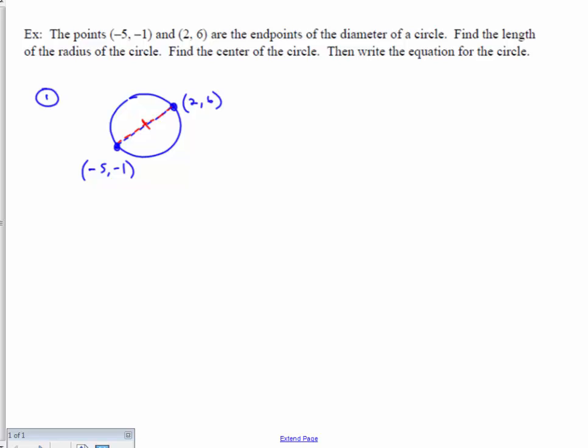When we use the distance formula, I have encouraged you to use proper notation as far as variables. Because we're finding a diameter in this particular situation, I'm going to use the letter D as my variable. Formula for distance.